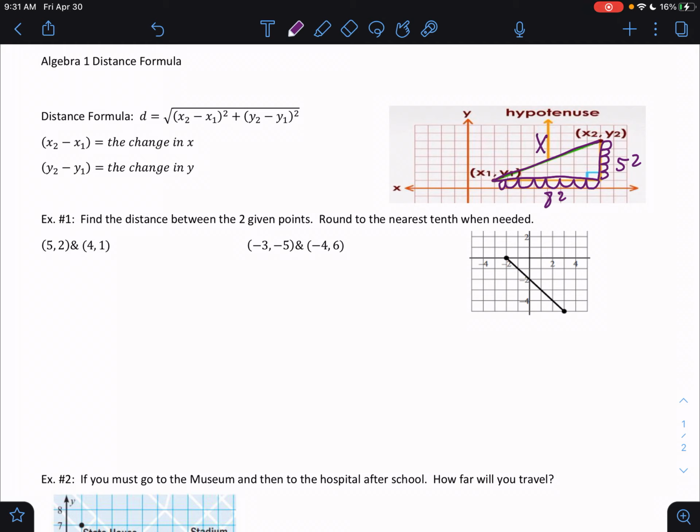And then this would be our hypotenuse squared. And so doing the x1 minus x2 and y2 minus y1 is the same thing as us, like, say, counting those squares there.